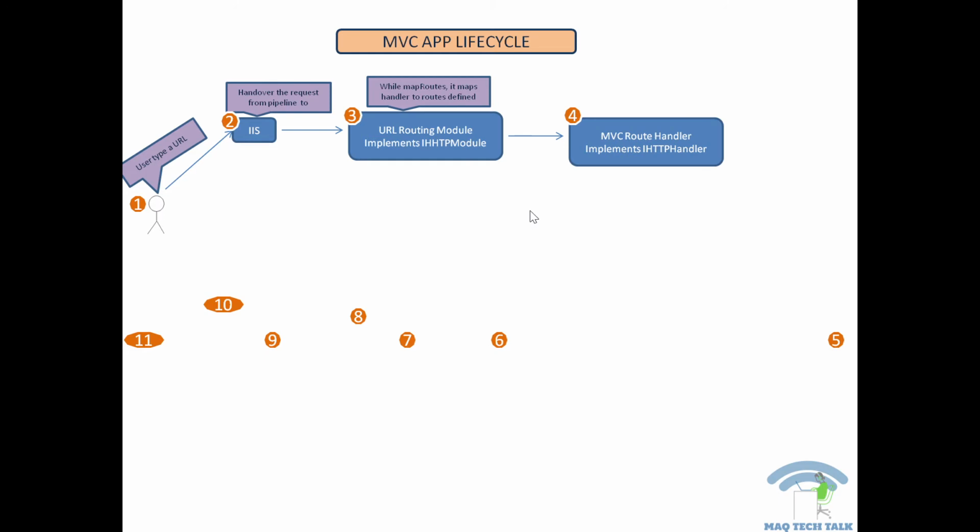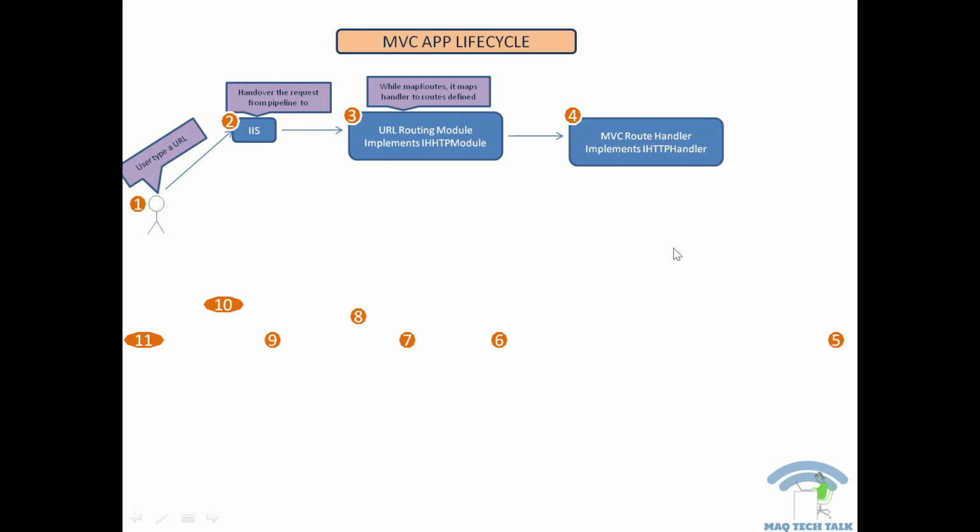Now it transfers the flow of the request to the MVC route handler, which is actually an implementation of IHttpHandler. You must notice one point here: in earlier ASPX forms there was an HTTP module and HTTP handler. They are still here in MVC also, but here they are wrapped by the URL routing module class, and there by the MVC route handler class.